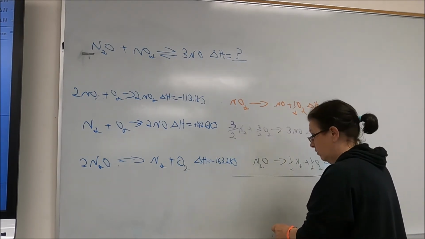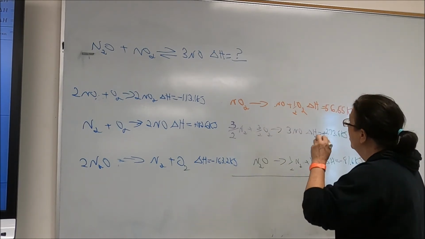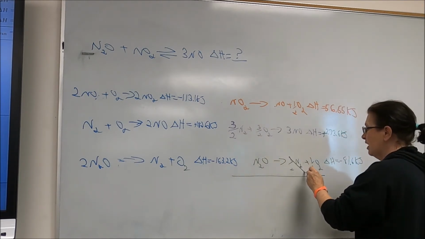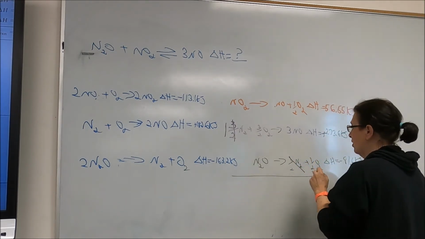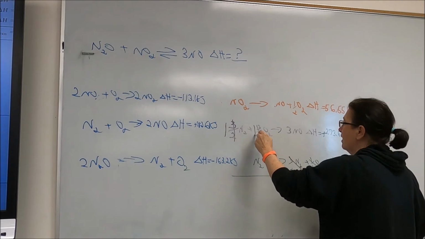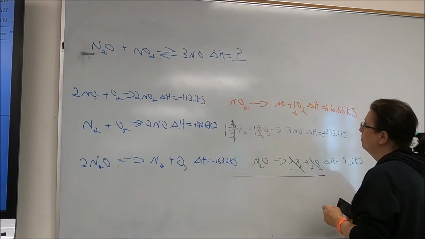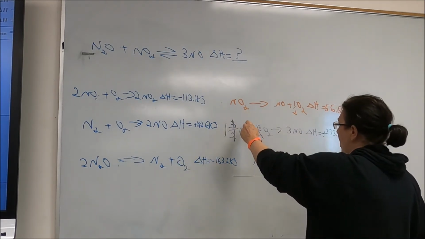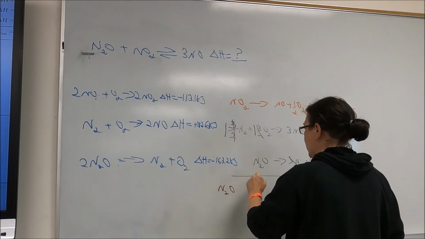Okay? So I'm going to take brown here. I want you to notice that I've got half a nitrogen here. So if I take half away from there, that gives me 1 nitrogen. And if I take half away here, that leaves me with 1 nitrogen. And then, let's see, I've got an N2O here.